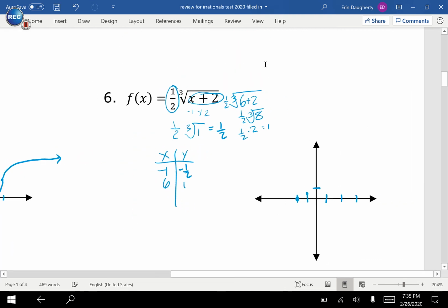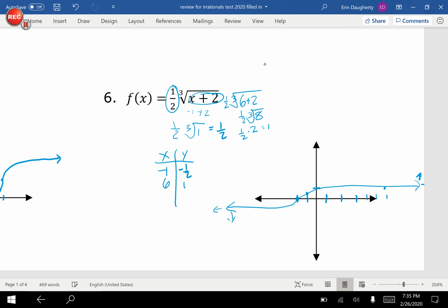So as I continue to go on this x-axis to 6, 1, 2, 3, it's going to shift right there at 1. So it's very, very narrow, but as it continues on, it will increase both directions, up and out. This will go out and down.